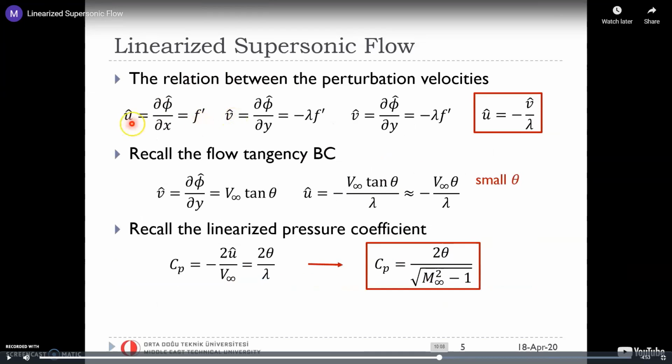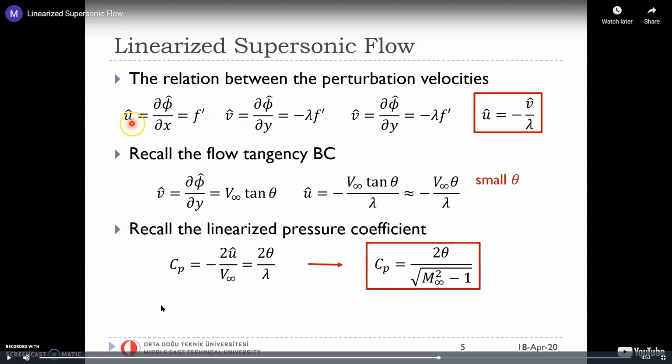Actually, the rest is that if this hump is creating some perturbation velocities like U hat and V hat, like we did before for the subsonic compressible flow case, and by the way, since we have a hyperbolic partial differential equation that governs the linearized supersonic flow, now we developed a specific solution, right? We applied the solution procedure for a hyperbolic partial differential equation.